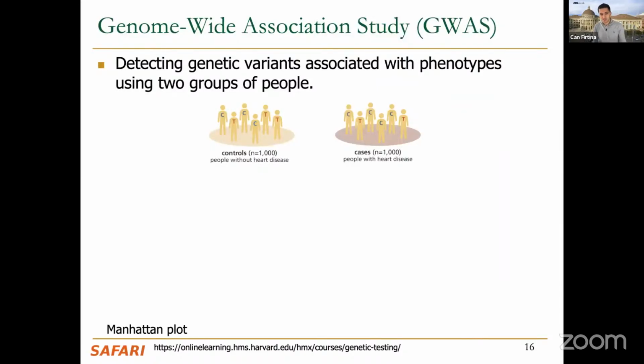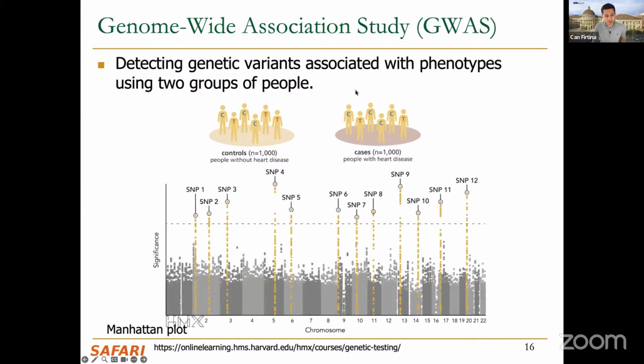And this is also known as genome-wide association study, GWAS, which means that you have a control group, for example, people with a particular symptom, in this case, people with a heart disease, for example, and people without a heart disease, a control group. And you have also your cases where people show the symptom that you're looking at, in this case, people with heart disease.